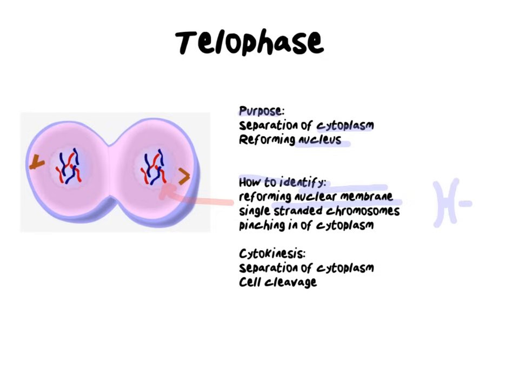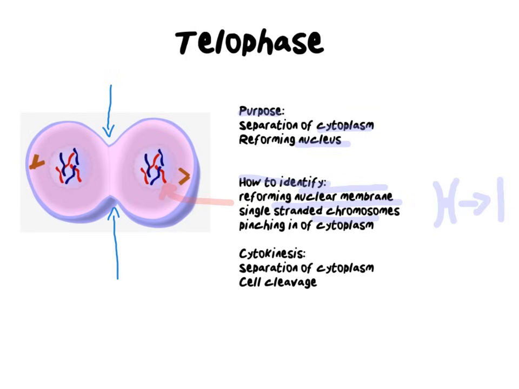We've now pulled them apart and now they are going back to being a single strand. One strand has moved into one daughter cell, the other strand has moved into the other, still maintaining the number of chromosomes. And finally, we have something called pinching in of the cytoplasm, which if you have a look at the diagram, you can see right here in the middle, it's much more defined than it was before.